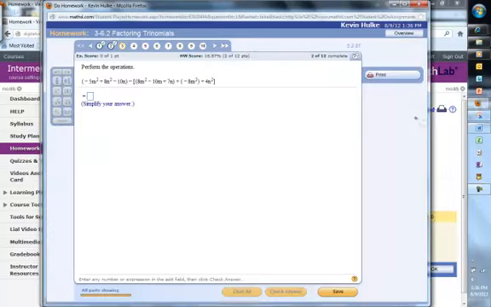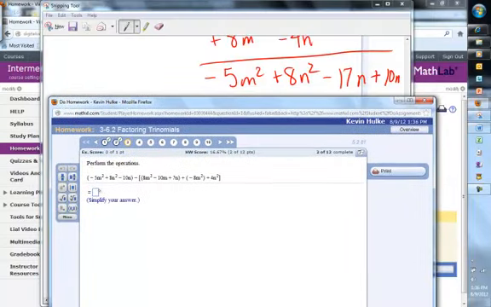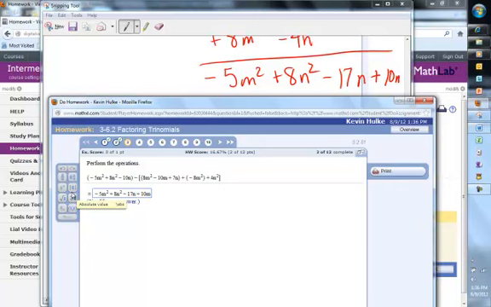Okay, let's get that written in here. Negative 5m squared plus 8n squared minus 17n plus 10m. Okay, what did I do wrong?